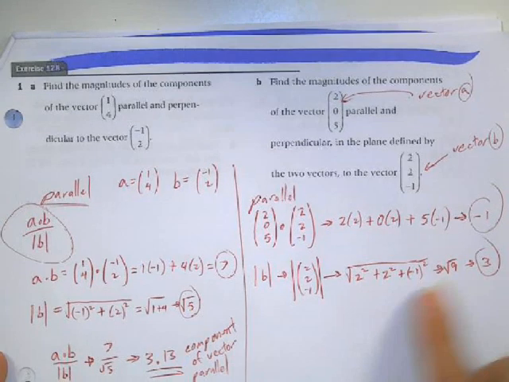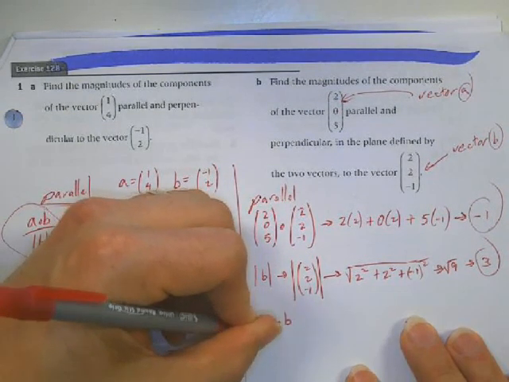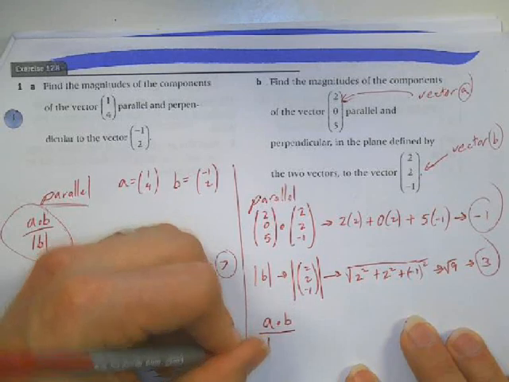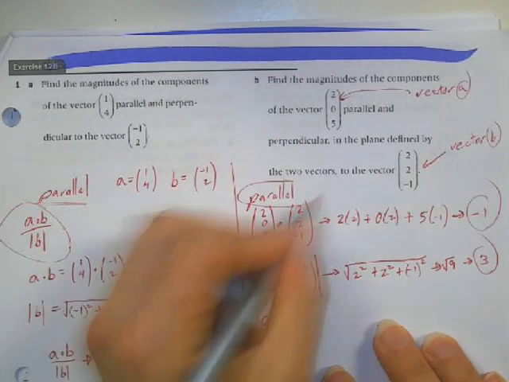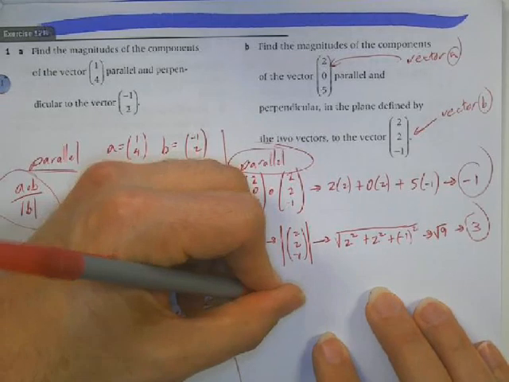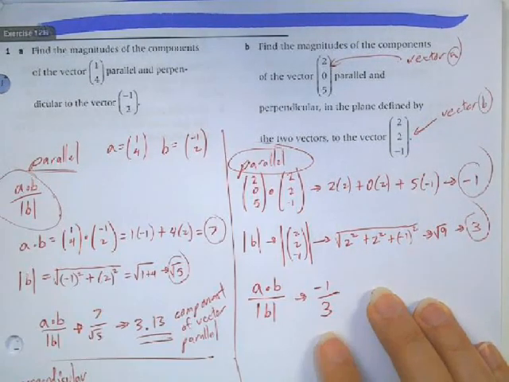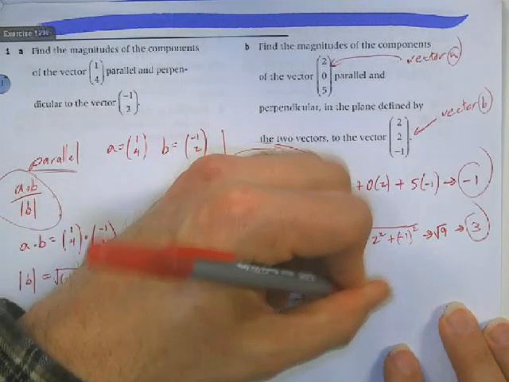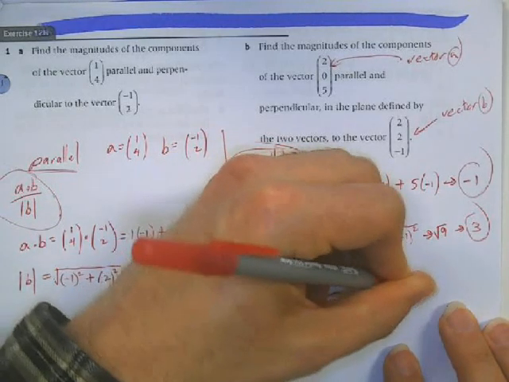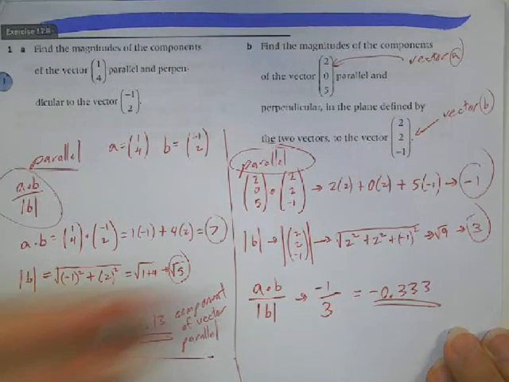Okay, so now A dot B over the magnitude of B for parallel gives me negative 1 divided by 3, which is negative 0.333 repeating. That is my component of the vector parallel.